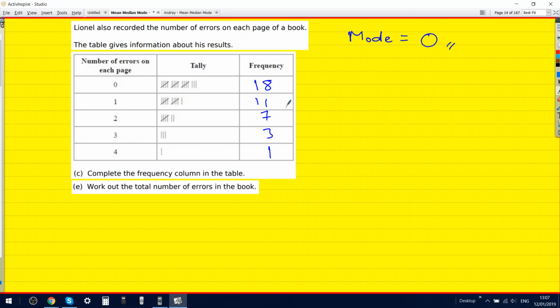The trick is, this first one, there were 18 pages with 0 errors. How many errors is that? 0. There were 11 pages with 1 error. How many errors is that? 11. 7 pages with 2 errors. 14.